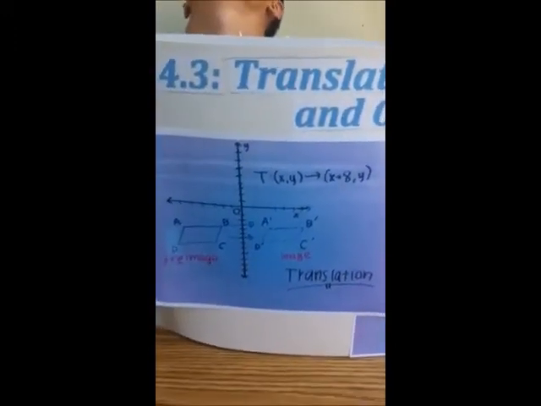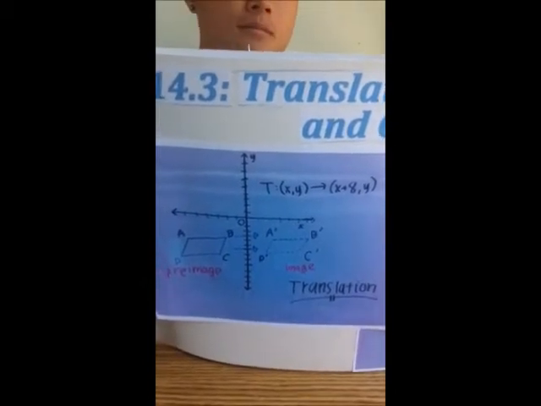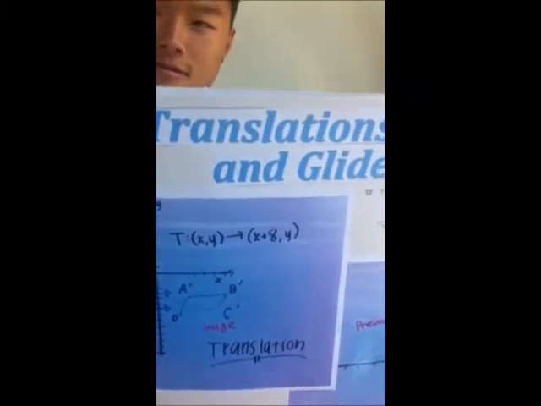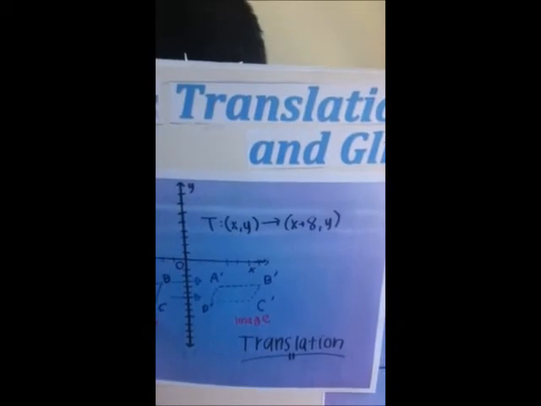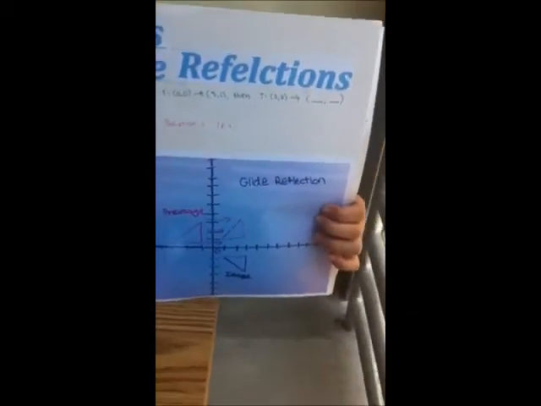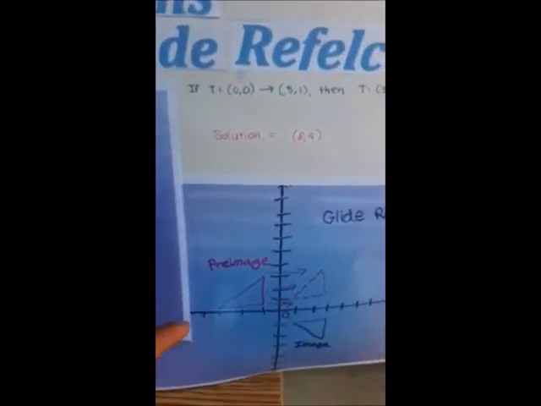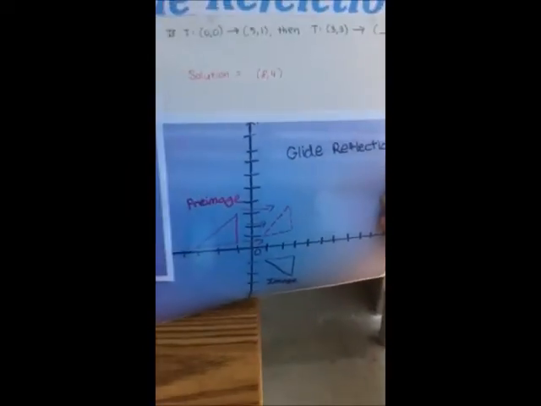So this is a translation where A, B, C, D, the preimage, maps to A prime, B prime, C prime, D prime. It's the translation of x comma y maps to x plus 8 comma y. And this glide reflection, this is the preimage, and it glides first over the y-axis and it reflects over the x-axis.